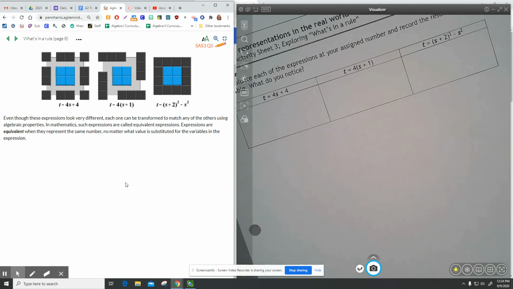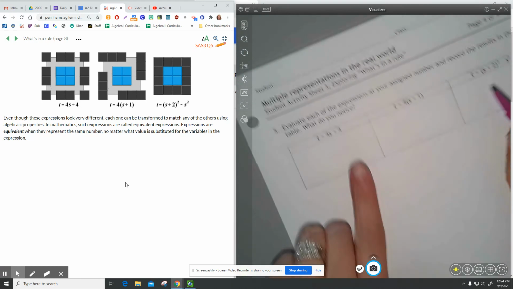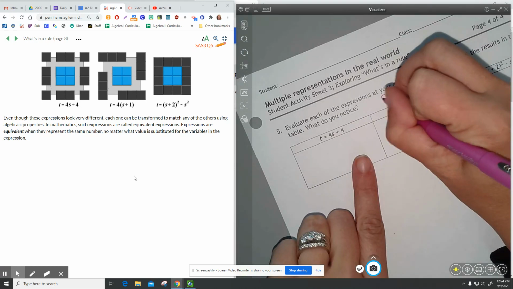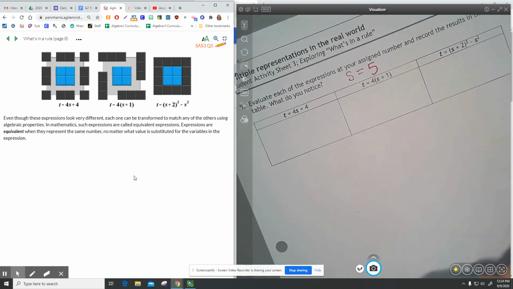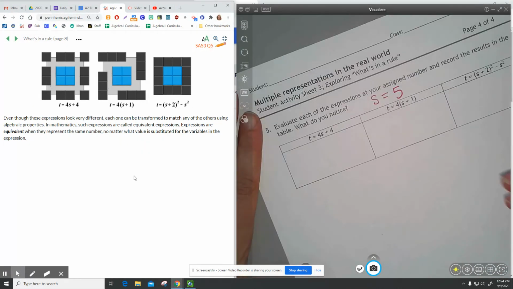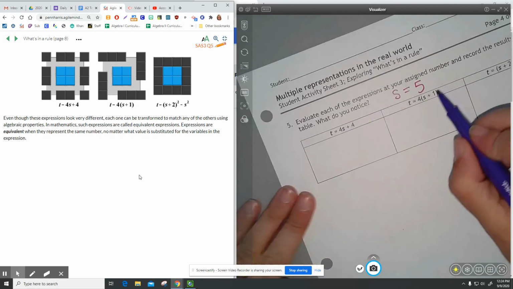Each one can be changed using different numbers. So we're just going to pick a number that we haven't done yet. I'm going to say that the length of my sides, in this case, equals 5. So we're going to go through and show each one of these, and I'm going to show you where I'm plugging that 5 in.